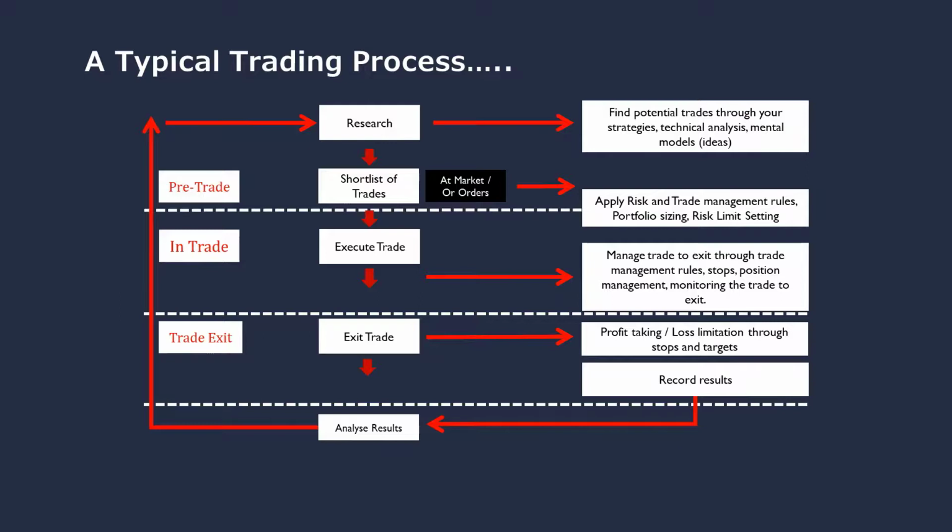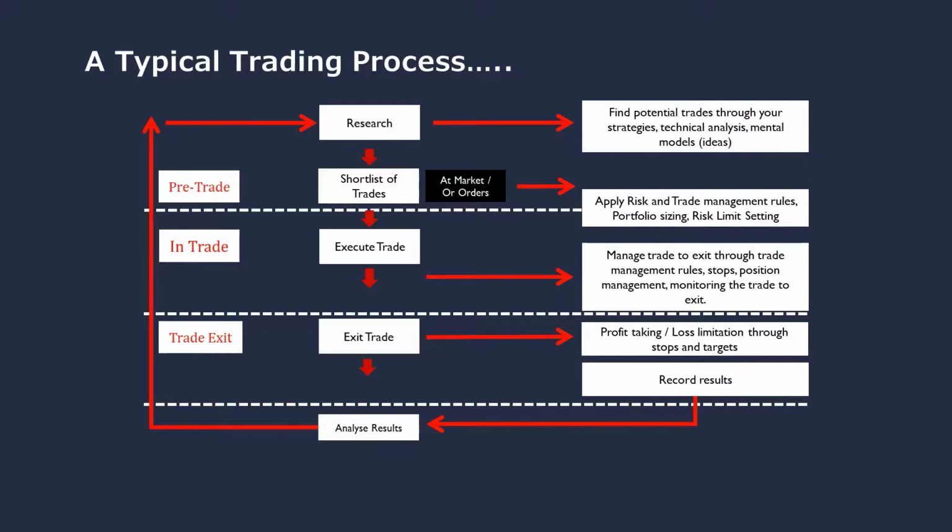You then shortlist the trades, you put the orders in where you apply the risk and trade management rules, portfolio sizing, risk limit setting. You execute the trade. You then got to manage that trade through to exit using, like we said, the trade management rules, stops, etc. We then want to get out of the trade, and we have a process around that.